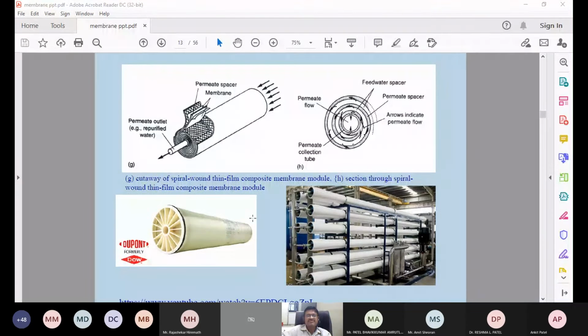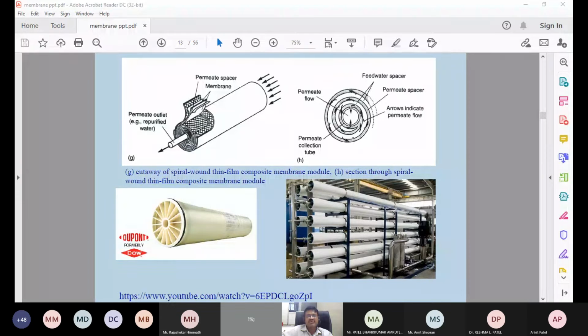The other module which is very common, which you can see in your RO system also, this type of module is used, and that is called the spiral wound module. So nowadays spiral wound thin film composite modules are used. This is nothing but the same membrane, but it is spirally wound like this.